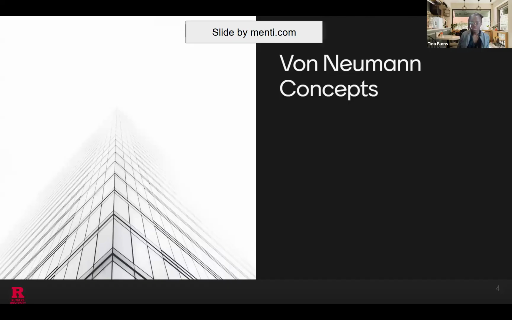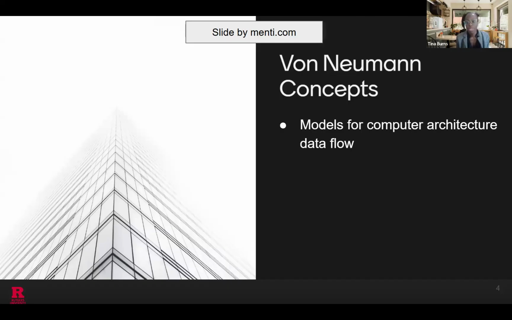Now, one of the functions of the von Neumann architecture is that it models your data flow, meaning if I'm going from memory to my hard drive to some other item, what does that look like in terms of the overall system and how does that flow among the other components? One of the essential features of this model is that it has one memory space.